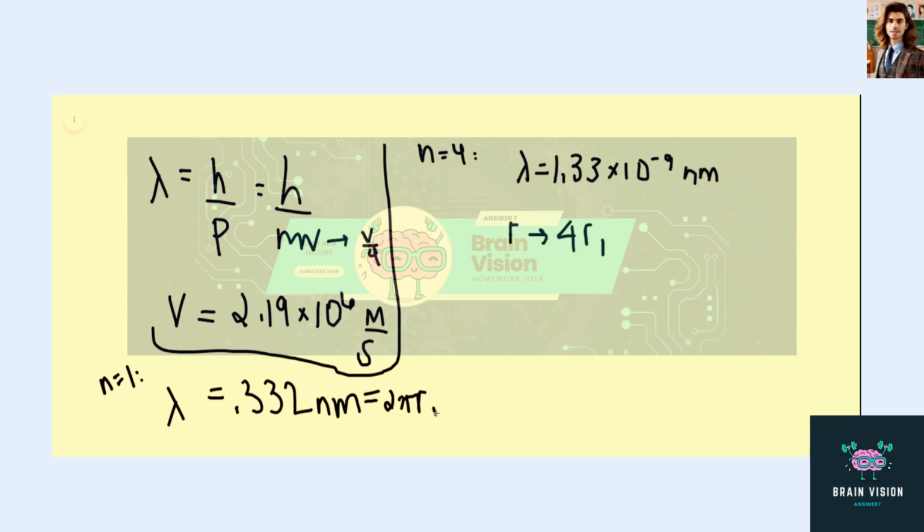I'll call this r1 just to be totally clear. And then we already saw that lambda went to 4 times lambda. So if we multiply this by 4, we expect to get this multiplied by 4, which is this. So it should be the same.